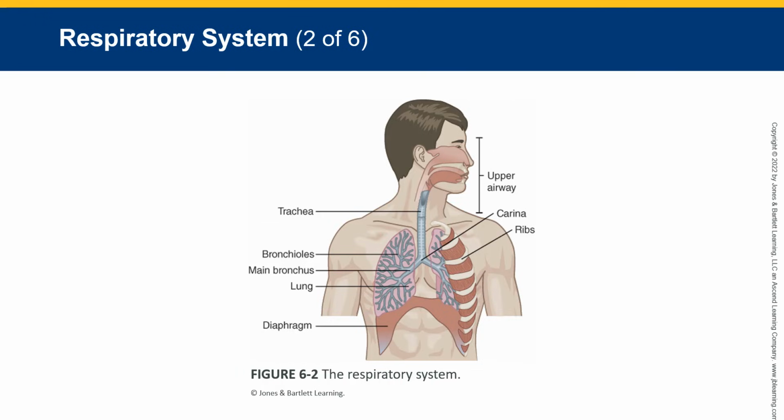And so you see here a diagram of the structures of the respiratory system. You have the upper airway, and as it goes down, you get all the way down to the lungs, and we're going to start defining some of that as it gets smaller. Okay, the diaphragm is a huge part of the respiratory system.